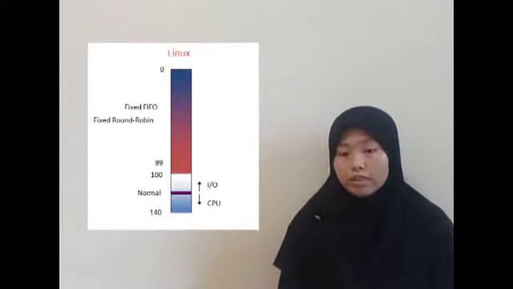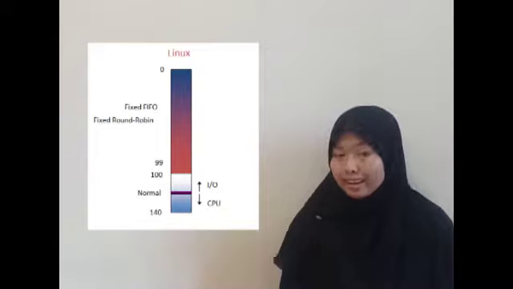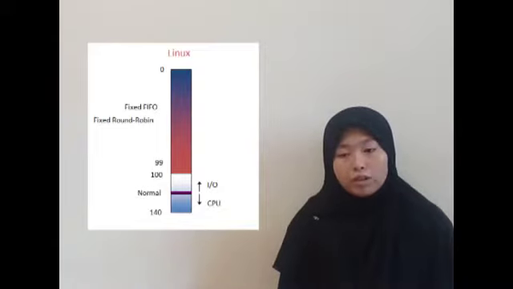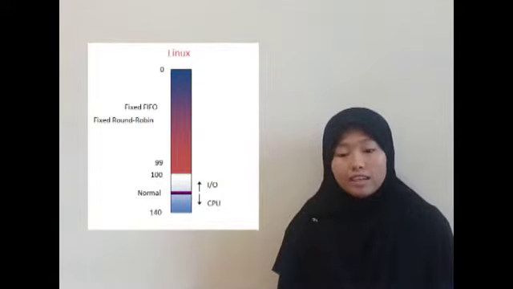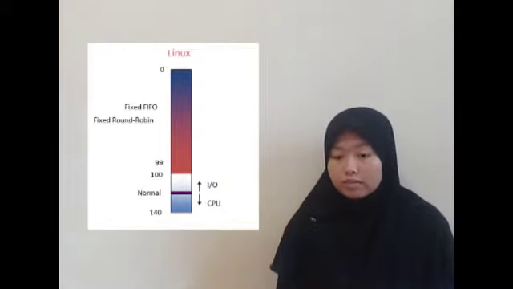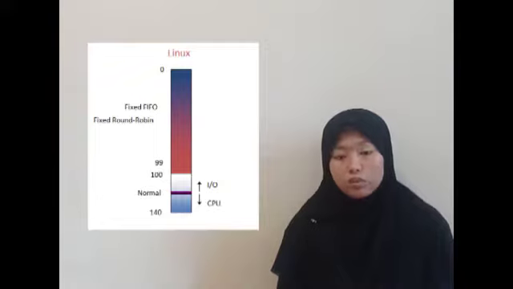Normal priority 100 to 139, fixed round robin priority 0 to 99, fixed FIFO, which is first in first out, priority 0 to 99. It favors lower priorities. Priorities of normal threads go up or decay as they use CPU. Priorities of interactive threads go down or boost.